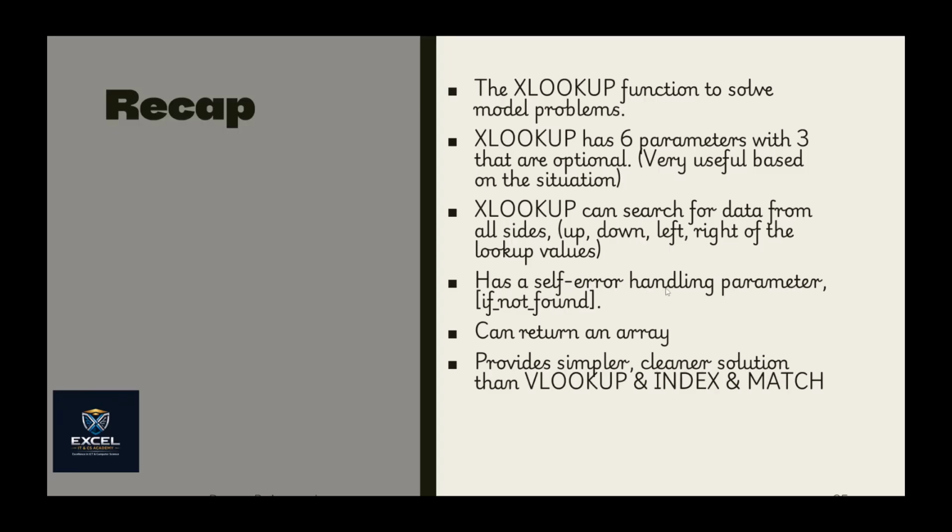It has a self-error handling parameter, which is the if not found, and can return an array where we select the entire array instead of just selecting a column in this situation. And we've seen that to achieve the same result, it provides a much cleaner solution than the VLOOKUP and the index and match.